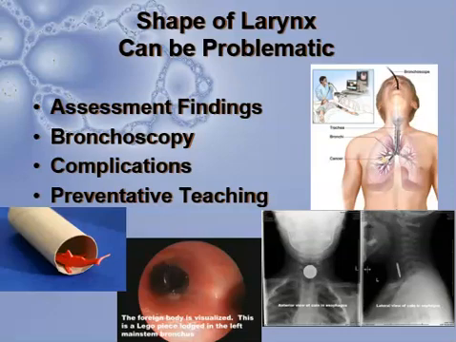We need to teach parents, guardians about preventative strategies for choking, which would include keeping small infants and children away from choking hazards, and monitoring them closely when they are eating those things.